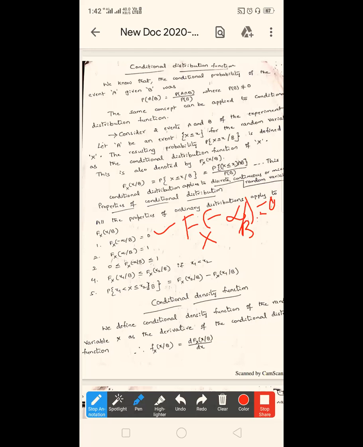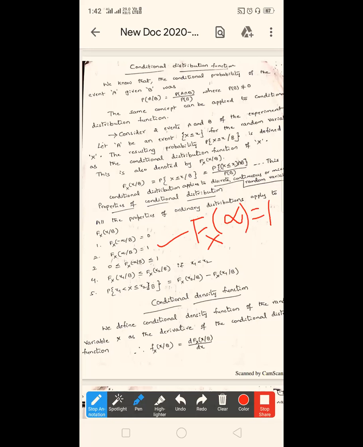Next, see the second property: conditional distribution function of infinity given B is equal to 1. Already we know this property also: cumulative distribution function of infinity is 1.